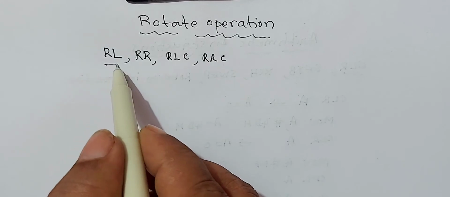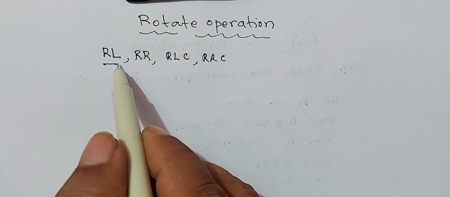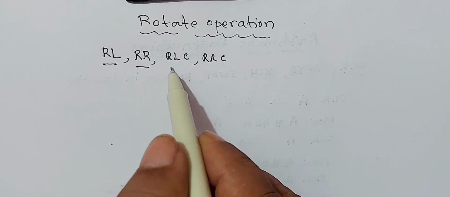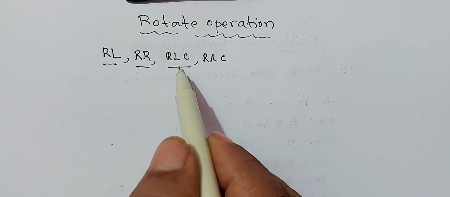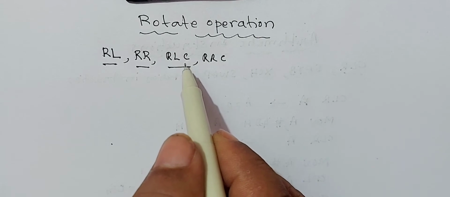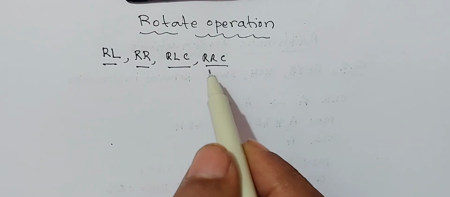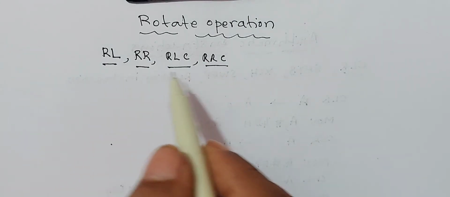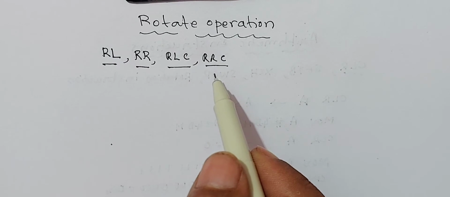RL stands for rotate the content to the left. RR means rotate the content to the right. RLC means rotate the content to the left with carry also. RRC means rotate the content to the right with carry also. Now we will discuss all these four types one by one with examples.